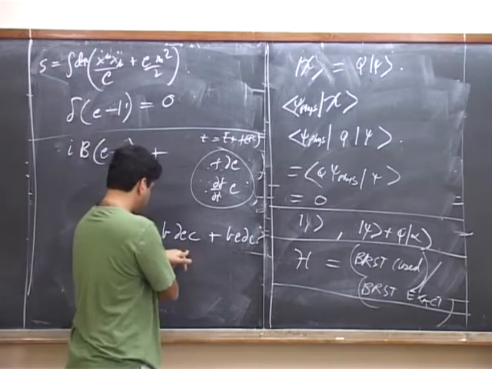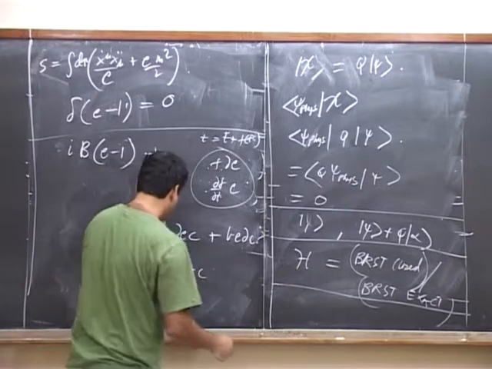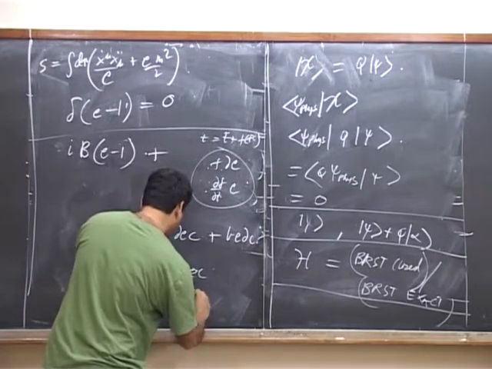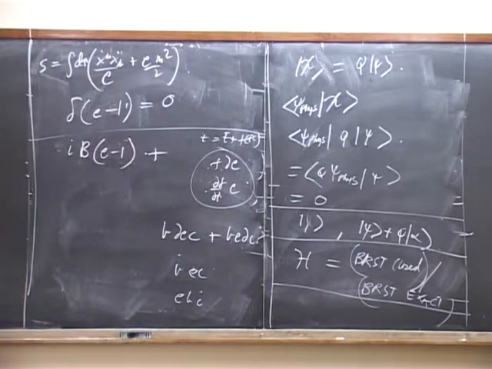So then I'm just going to integrate by parts and get B Ė C. Kolchinsky has E B Ċ. Sorry.